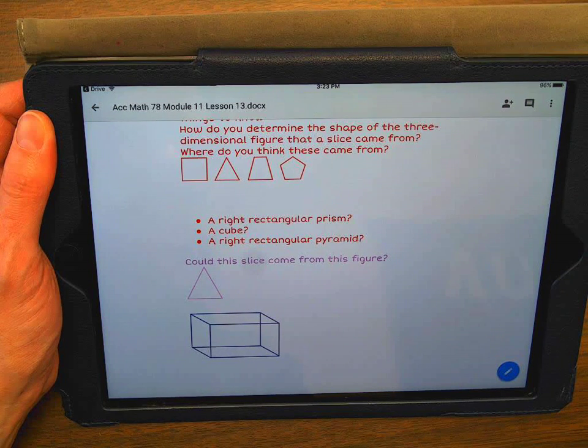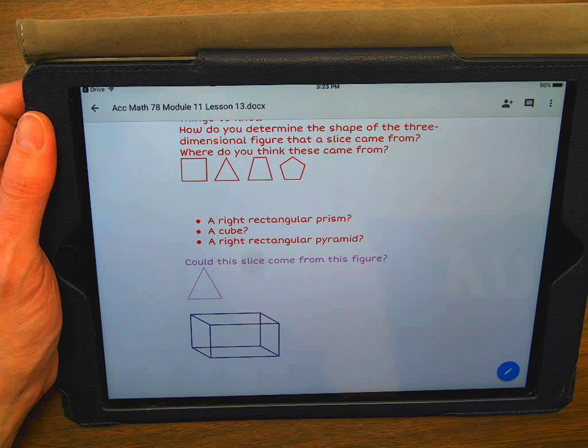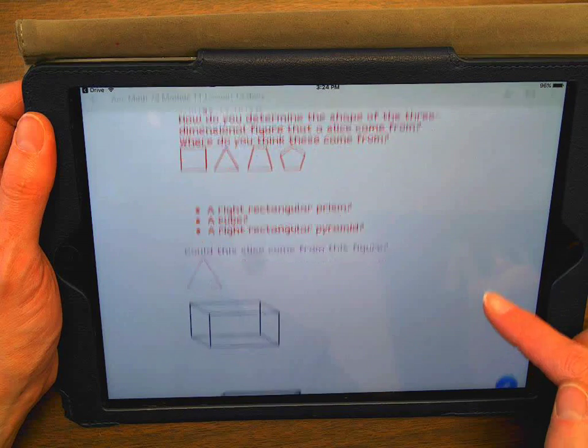Think about it. Okay. Some of you are probably going, well, if I take a slice and I cut it, it's going to be a square. If I keep cutting it, it's still going to look like a square. But remember, we're talking about slicing at an angle.